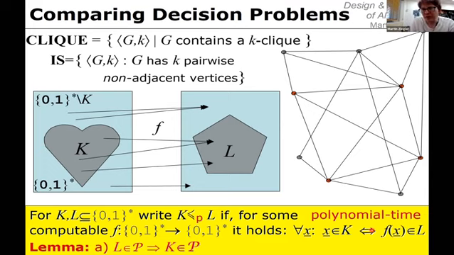What remains is to feed the result of the translation into the hypothetical polynomial time algorithm for L. An important observation: the composition of two polynomial time decidable problems is again a polynomial time decidable problem.